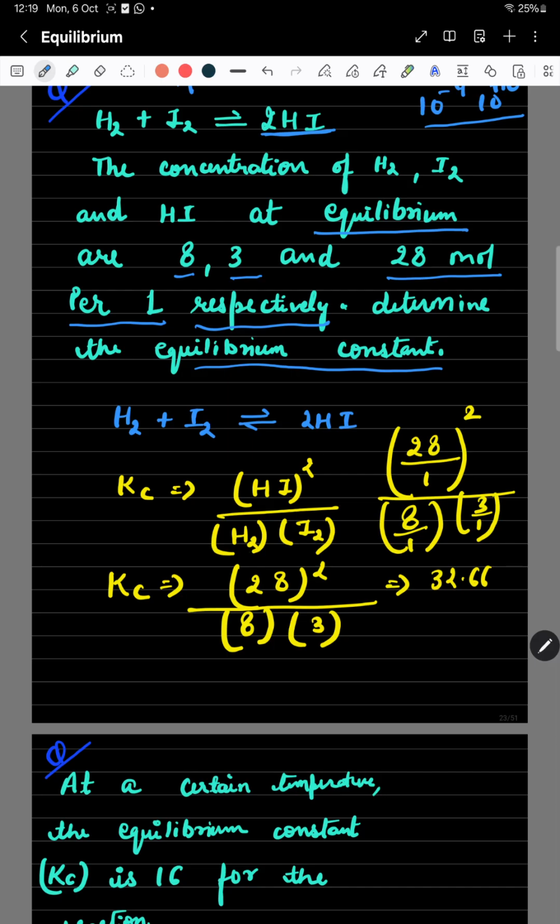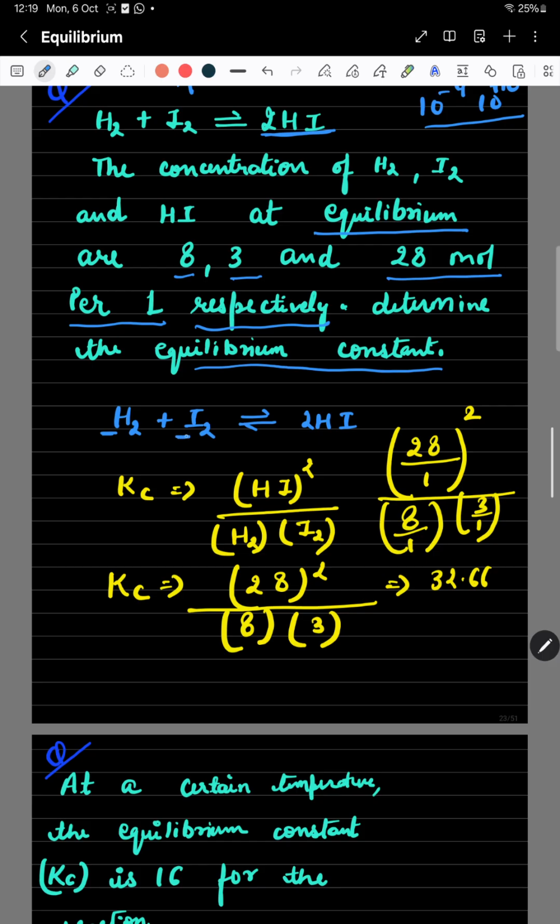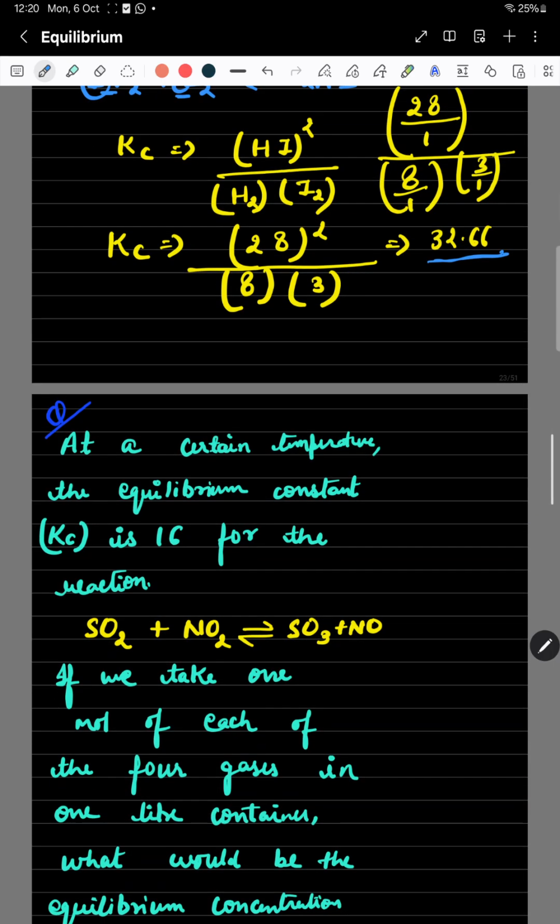As we know, Kc is product concentration upon reactant concentration. How many moles are there? The stoichiometric coefficient is 1, so in chemistry we need not write the 1, it is assumed to be 1. Now here the HI concentration 28 squared upon 8 into 3. Once you solve this value, 32.66.